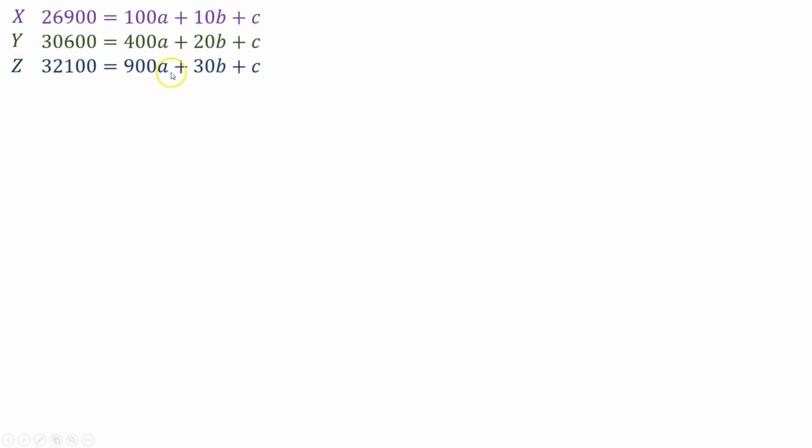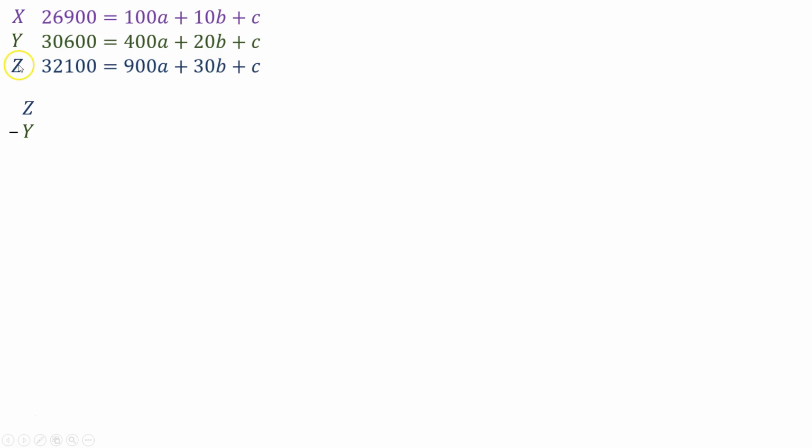And in order to solve, I need to start off by canceling out one of the variables. And it looks like c is probably the easiest one to cancel out. And since equation z has larger numbers for coefficients on a and b, I'm going to pair z up and subtract off x to get a new equation without c in it, and then I'll subtract off y to get a new equation without c.